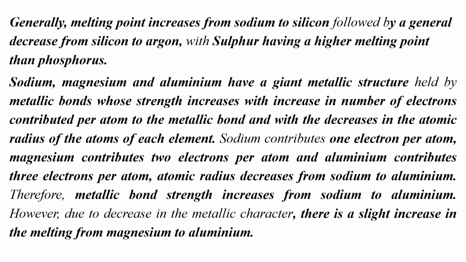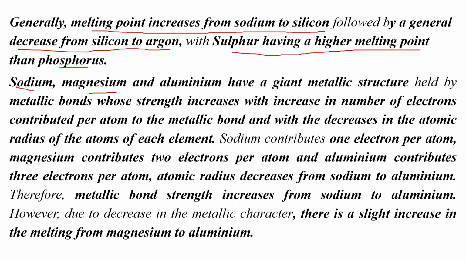So generally, the melting point increases from sodium to silicon, followed by a general decrease to argon. Sulfur has a higher melting point than phosphorus. Then you say sodium, magnesium, aluminium have giant metallic structures. Mention this point because this table is a mixture. Then we are saying that the number of electrons is very important, and also the atomic radius.